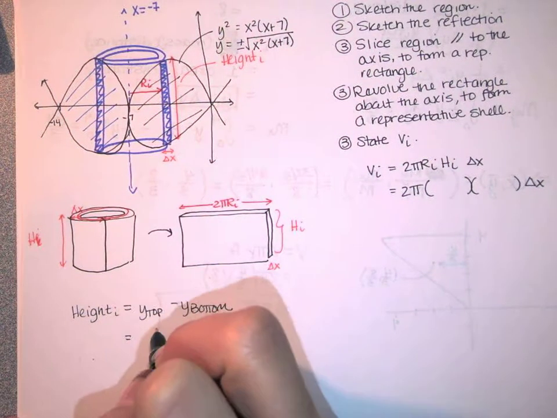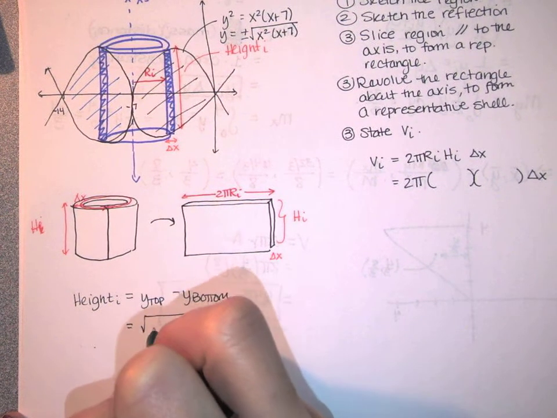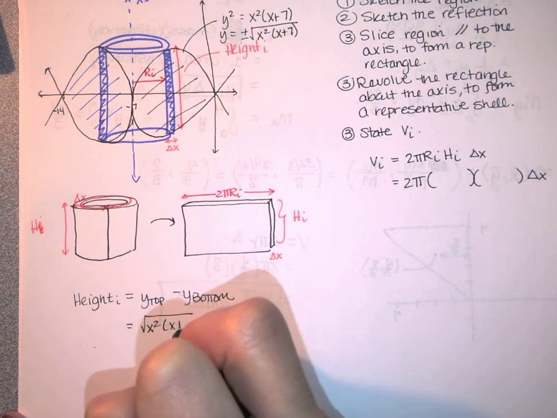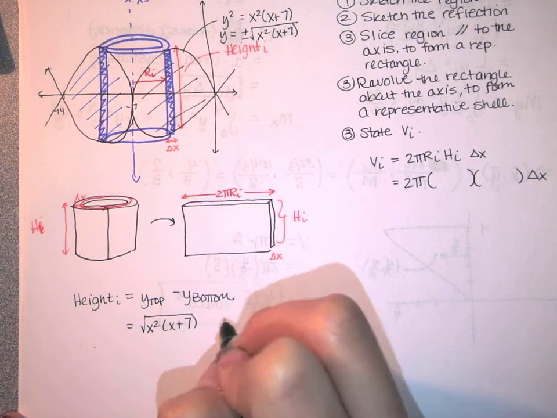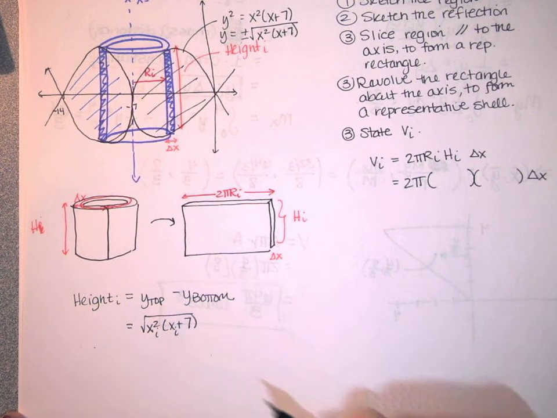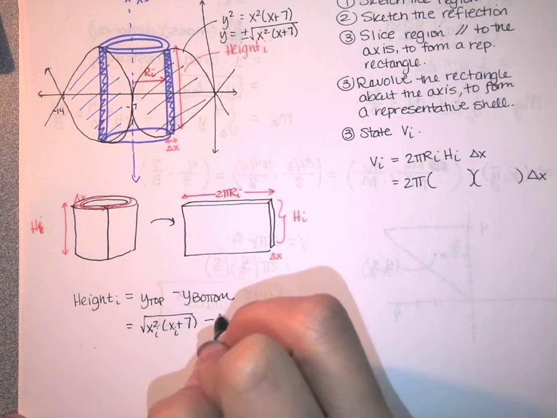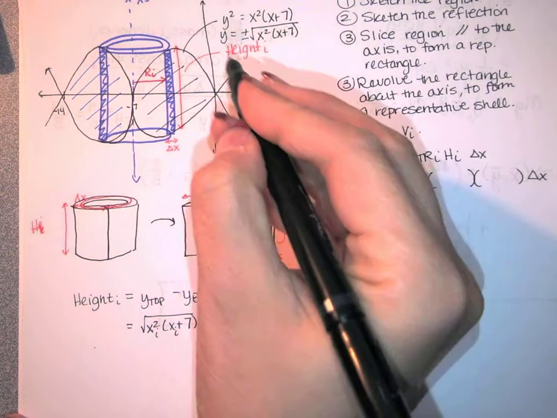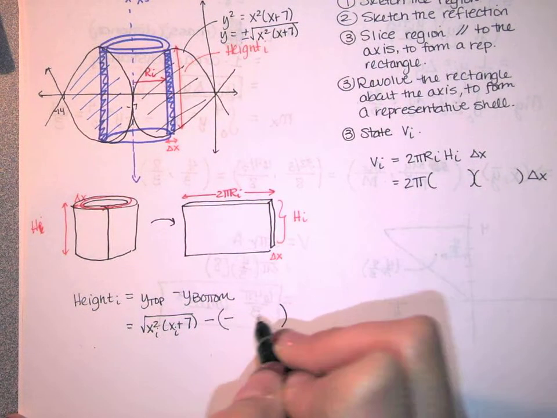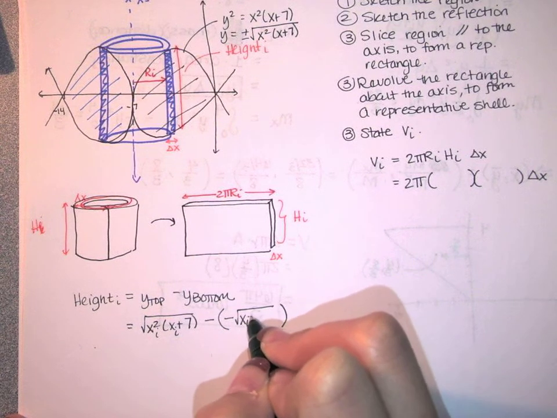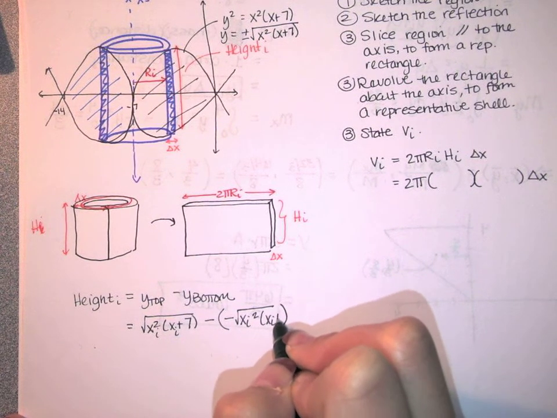So our top half is the positive square root of x squared times the quantity x plus 7. And we'll put a little i there because we're evaluating it at the ith x value. And we're going to subtract the y in the bottom. So we're subtracting a negative. So that gives us that right there.